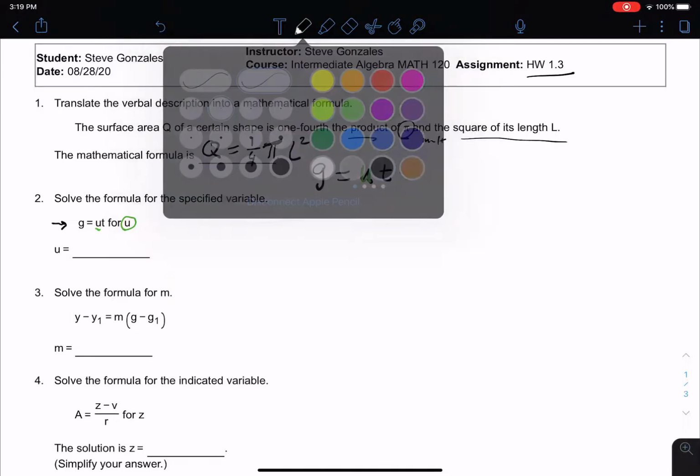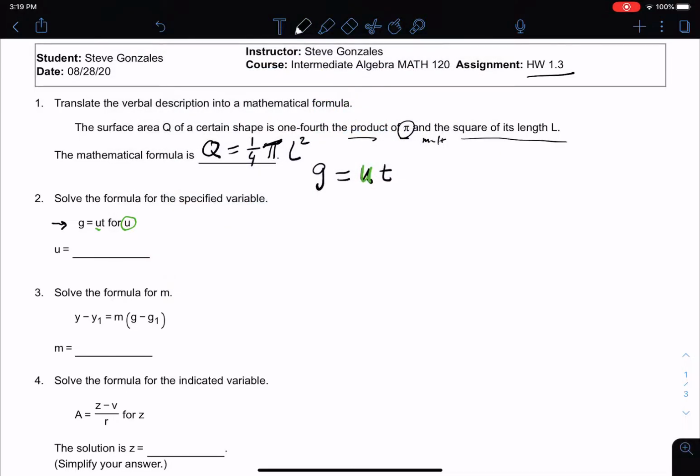So let me ask the question. If you have u times t, these two quantities or variables, but they could have a value. If someone said t equals 5 and u equals 10, they could be numbers. If you have these two quantities and they're being multiplied, how do you undo them? How do you break them apart? What's the opposite or the inverse of multiplication? Well, that's going to be division.